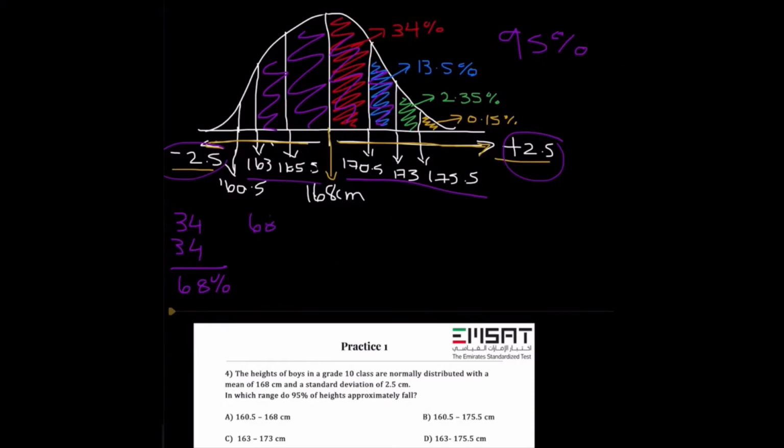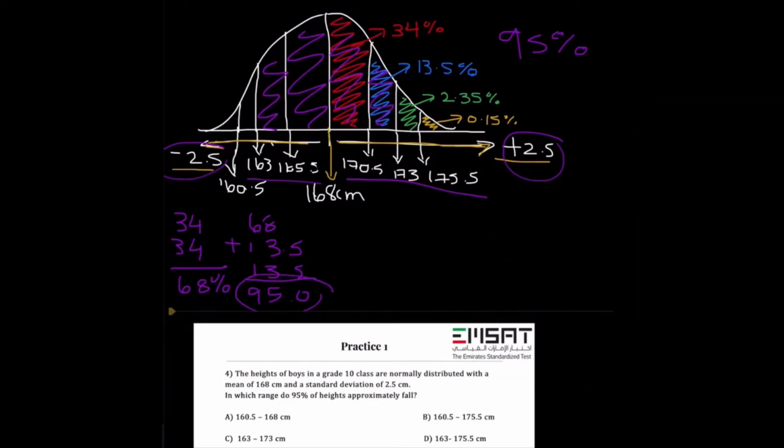So 68 plus 13.5 plus 13.5 is equal to 95%.